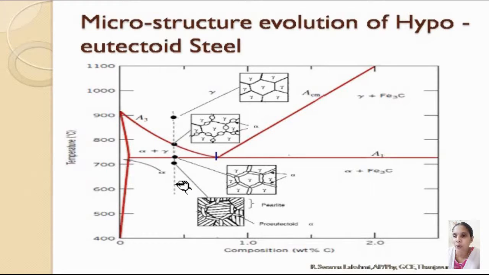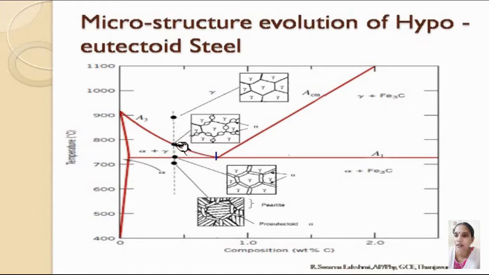So for the hypo-eutectoid steel, we are choosing some random, say 0.4 weight % carbon alloy. It is a hypo-eutectoid steel. In the region well above the A3 line, that is the upper critical temperature line, it exists in a polycrystalline austenite phase.